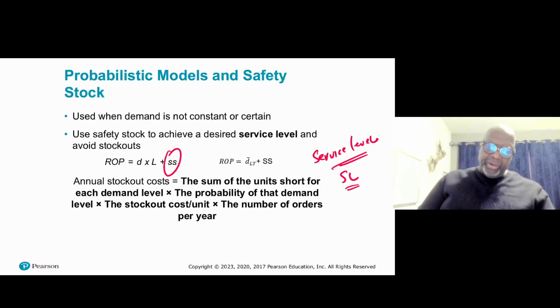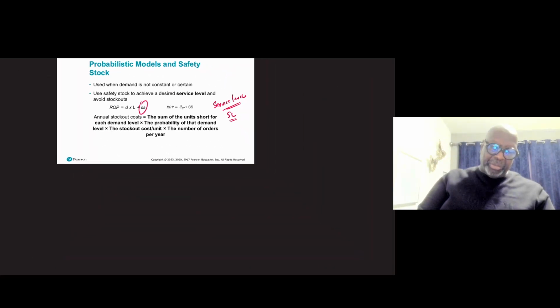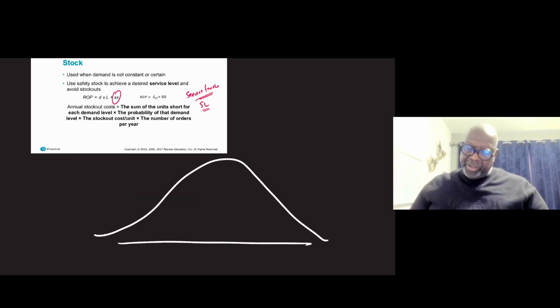Okay, and that's a very important decision that has to be made because the higher your service level, the more safety stock, the more holding costs. So the idea is if there's uncertainty in terms of the demand during the lead time, this is to help you remember a little bit of the normal distribution which you did before. So that would be the demand during the lead time.